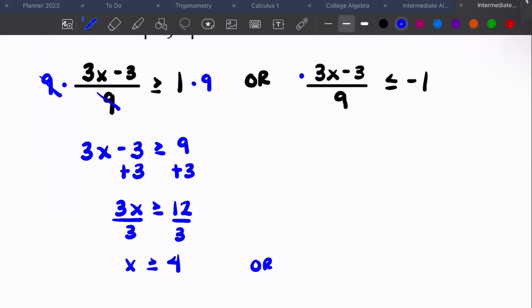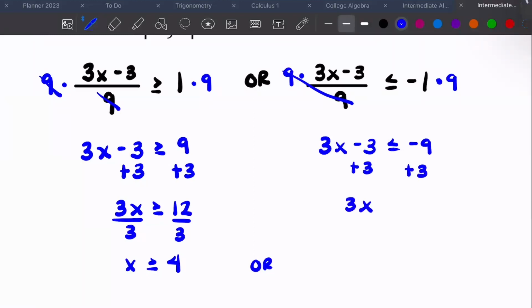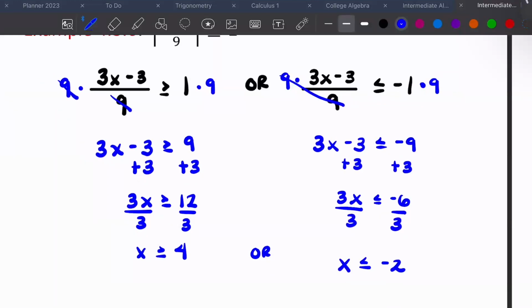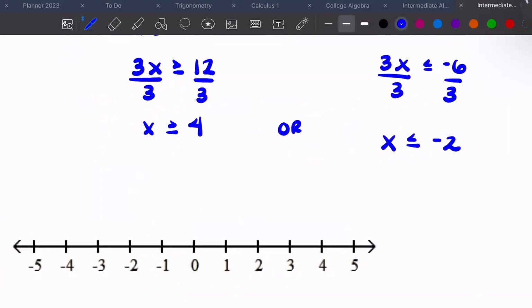We'll multiply by 9. Okay, so we got x is greater than 4, or it's less than or equal to -2.